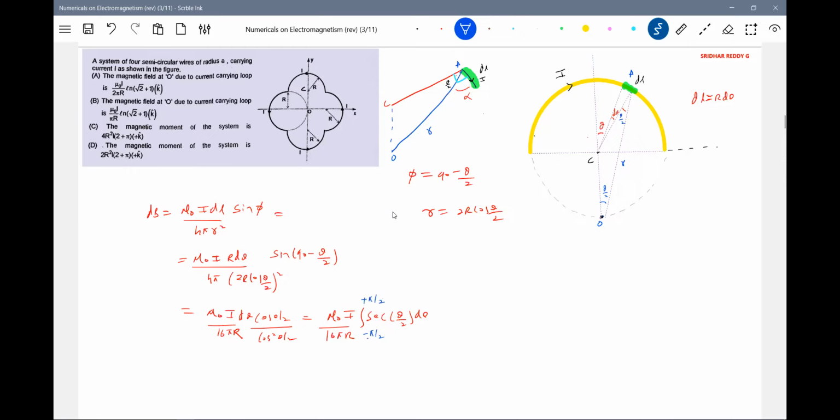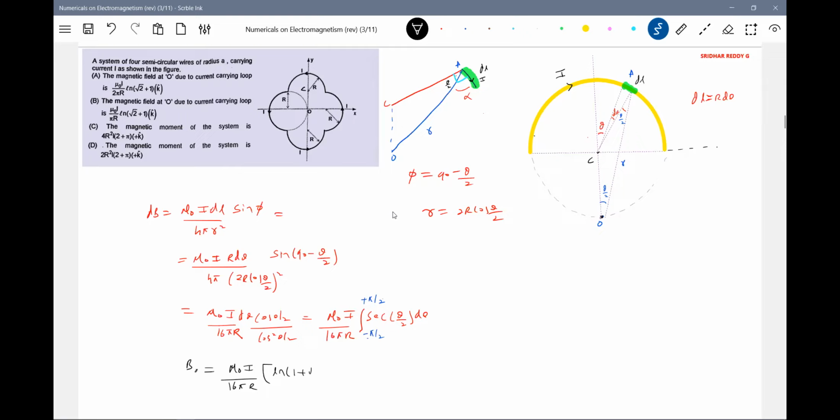Please solve this and get the answer. This is the resultant magnetic field due to only one wire. Anybody value of this total simple question? Sir, mu naught I by 4 pi r into ln 1 plus root 2.